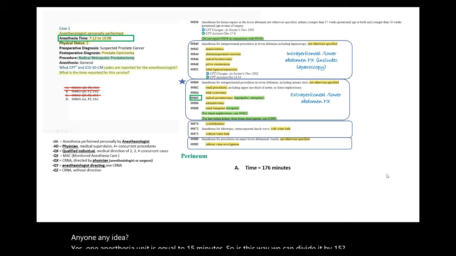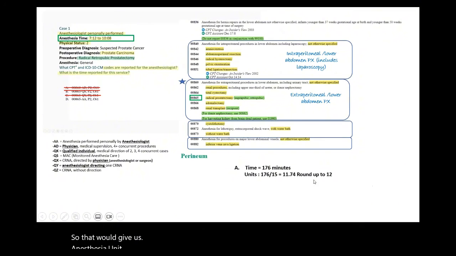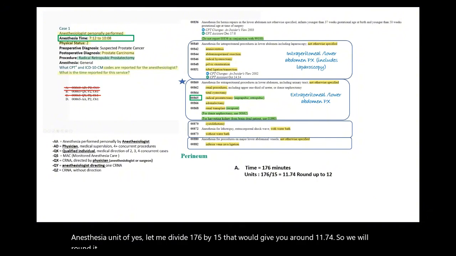So that would give us an anesthesia unit of, yes, let me divide 176 by 15. That would give you around 11.74. So we will round it up to 12. So the anesthesia unit for this scenario is going to be 12 units.